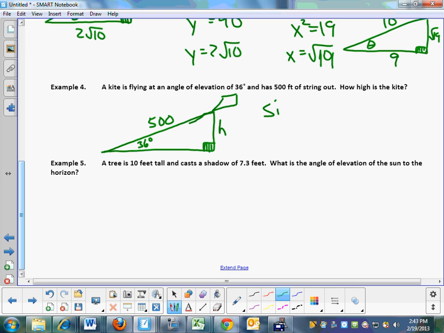Sine of 36 degrees is H over 500. Cross multiply. H is 500 times sine of 36, which is, what, 293? Well, let's be exact. Any question how I got that? Probably put a label on it, shouldn't we? Feet.